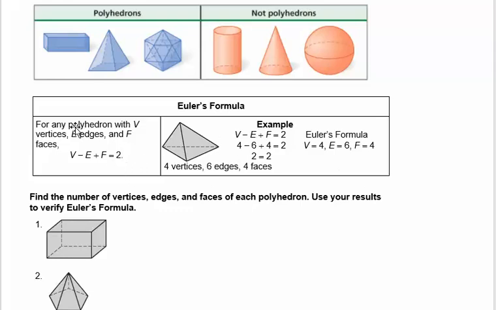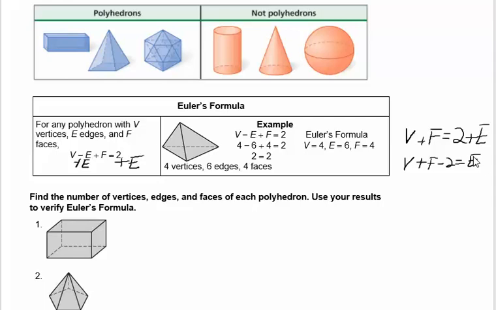Now you might see this written slightly differently. If we added E to both sides and subtracted 2, sometimes you'll see it written that V plus F equals 2 plus E. Sometimes you'll see V plus F minus 2 equals E. So there's different ways of writing it because it's algebra, and you can rearrange by adding or subtracting the same thing from both sides.